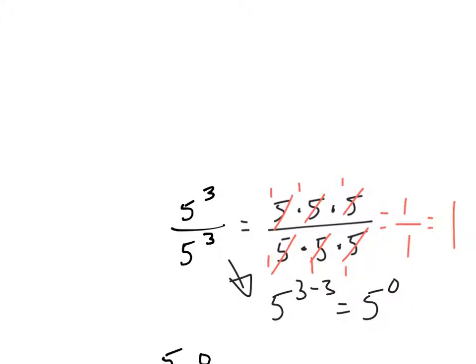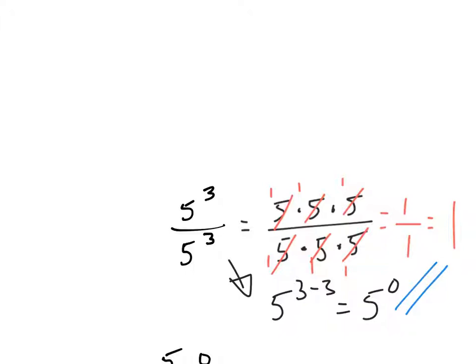Since we started with one thing and I got a 1, and then I started with that same thing and got 5 to the power of 0, then both of those must be equal to each other. So 5 to the power of 0 must be equal to 1. And so that is a brief explanation for why raising something to the 0 power is 1.